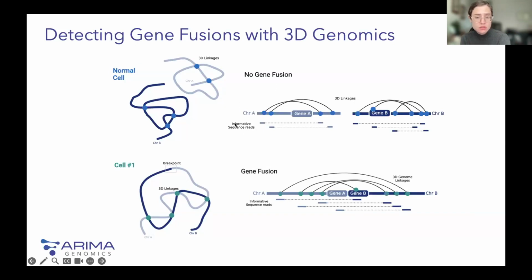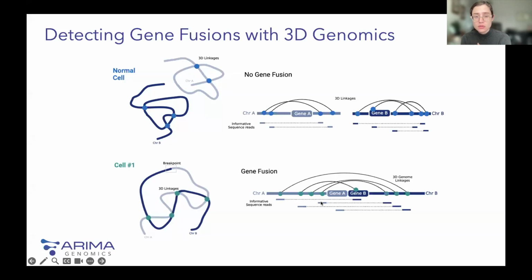We can see that the interactions here are contained within chromosome A, and gene A is not interacting with gene B in any way. But if we have a fusion that leads to a connection of these two chromosomes that previously were independent, we're starting to see reads that are spanning this breakpoint. The breakpoint is the area where the chromosomes have been cut off and reconnected with each other.